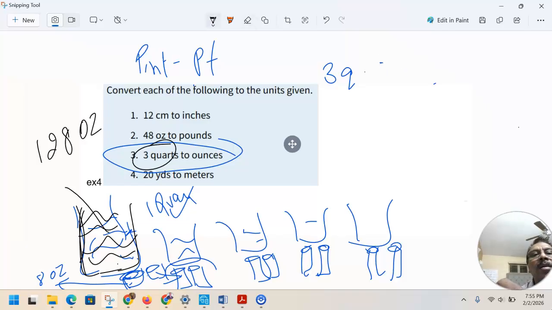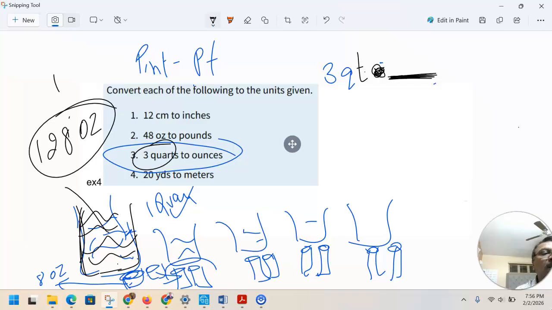Let's multiply by, and we know one gallon is in the form of quarts. So 128 is in one gallon. We can break this into four parts.